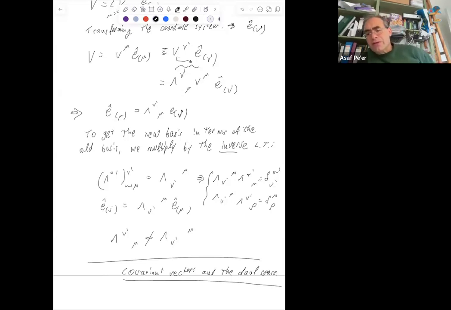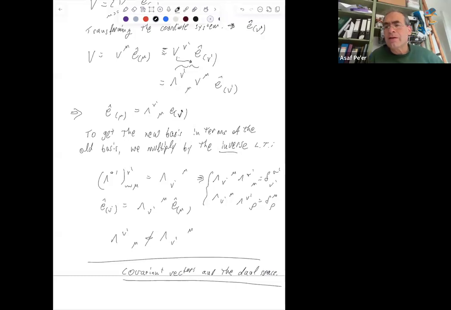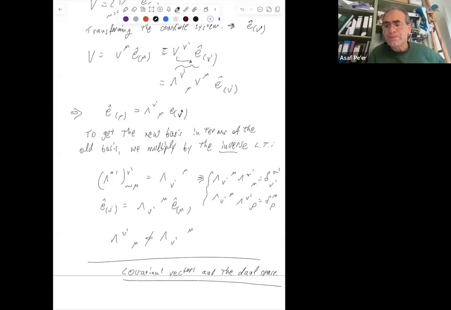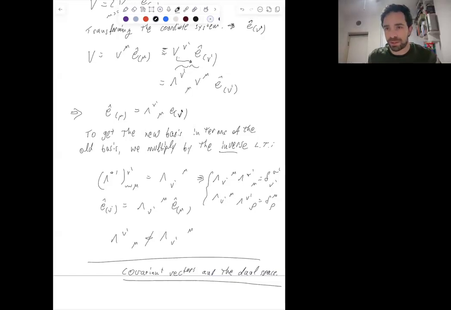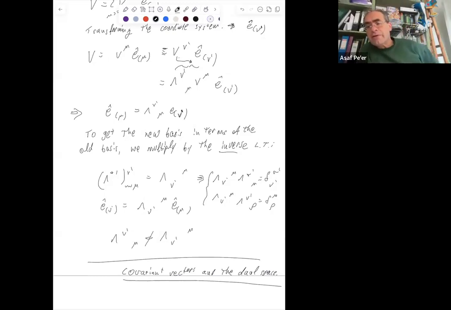So a covector goes with a lower index, and a contravector goes with an upper index, because it goes the opposite way to the transformation law of the basis vectors. So if we have some transformation and one of the indexes changes with this transformation, it's a covariant index. And if it goes with the opposite transformation, it's a contravariant index. Contravariant indexes are upper and covariant are lower.